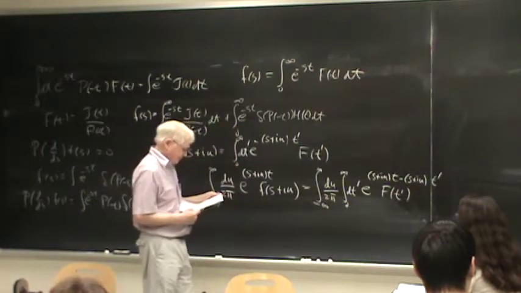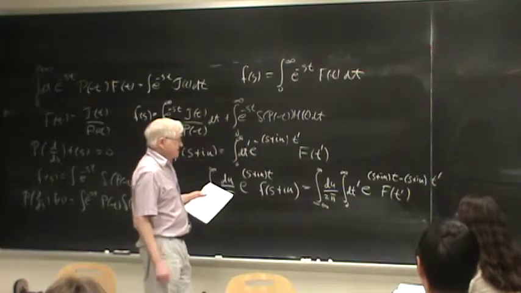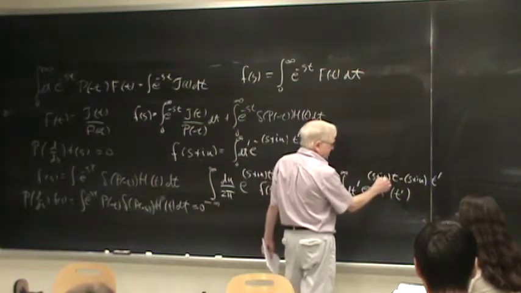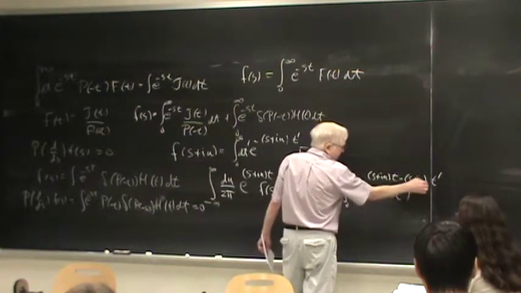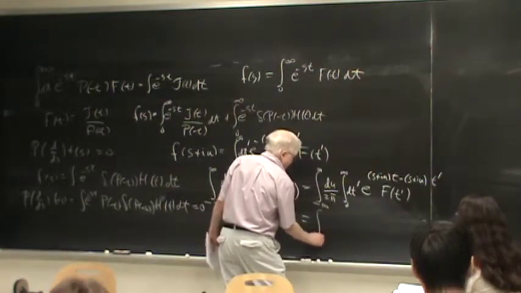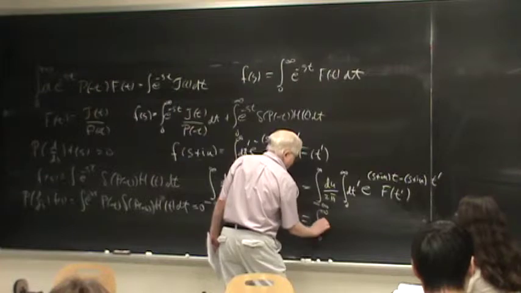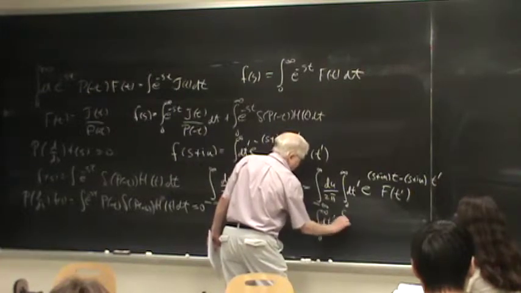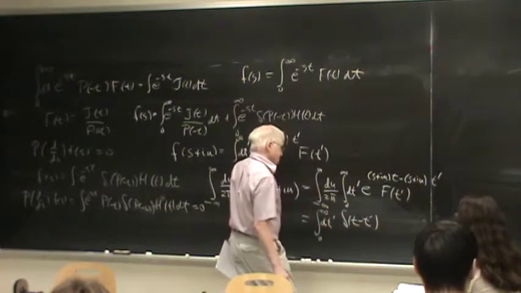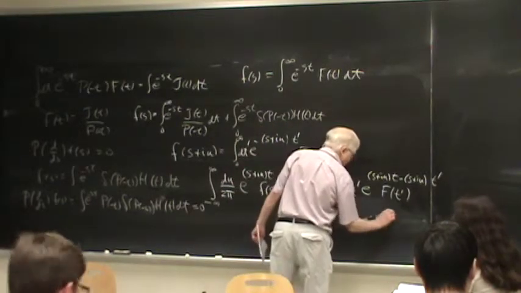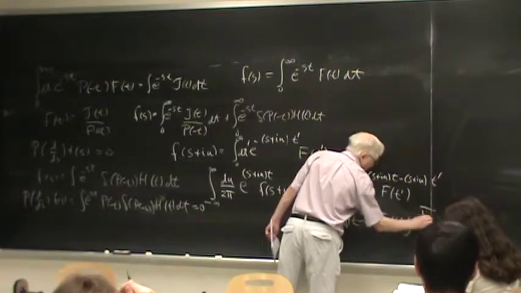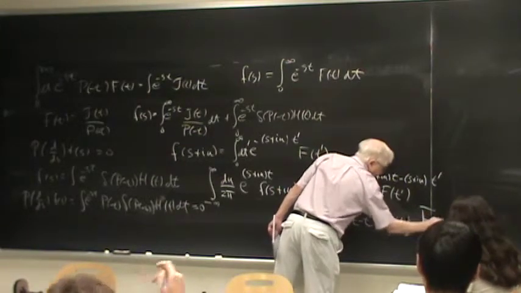All right, anyway, we now use the delta function formula because this du over 2 pi e to the iut minus iut prime is delta of t minus t prime. So what's left here is dt prime delta of t minus t prime. And the only other thing left is f of t prime. And so that is just f of t.